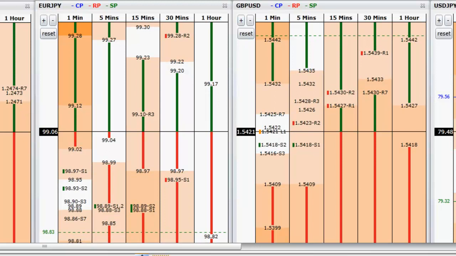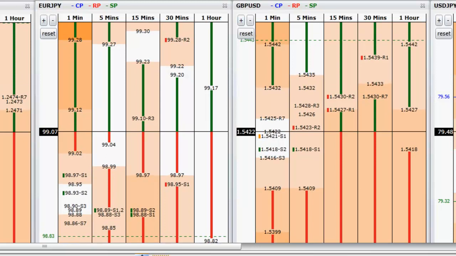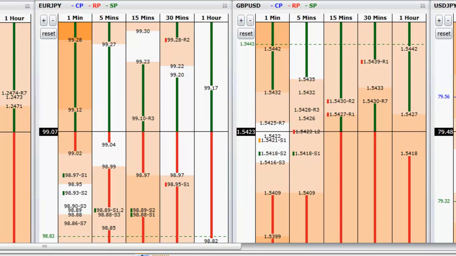All right, let's take Kiwi, 63, 7-point stop. Simple trade. We're risking 7 to make 20.